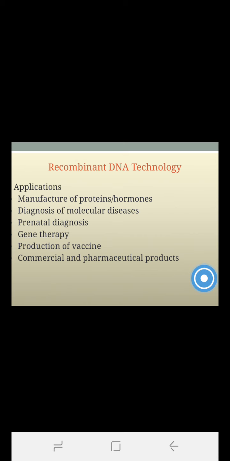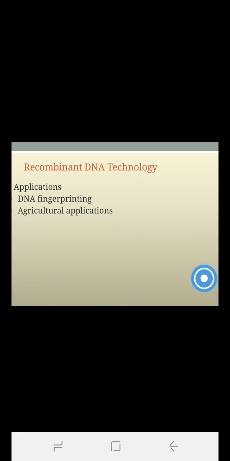It can also produce a number of vaccines, for example DNA vaccines, which can be produced using the principle of recombinant DNA technology. Different types of commercial and pharmaceutical products are also produced. This technology is also helpful in DNA fingerprinting, and some agricultural applications.